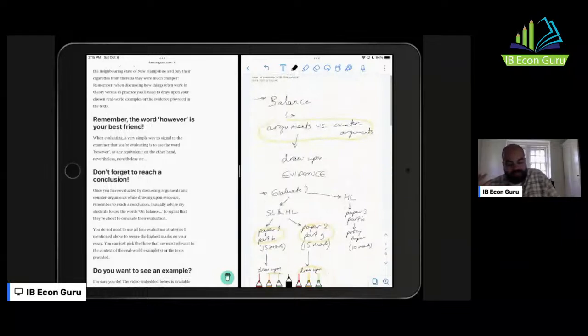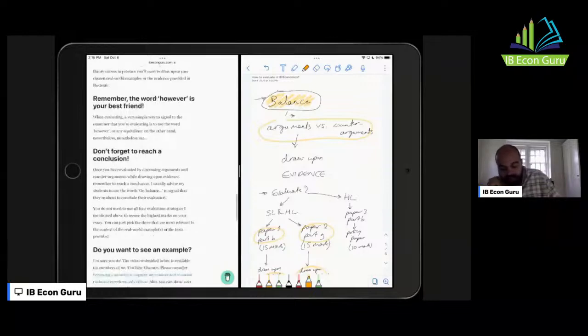Remember when I said it's all about balance? You are required to show balance in your evaluation, that you are aware you can discuss the arguments and balance them with the counter arguments. It's not a debate where you have to take sides, it's a discussion. It's an evaluation where you have to weigh the strengths and the weaknesses.